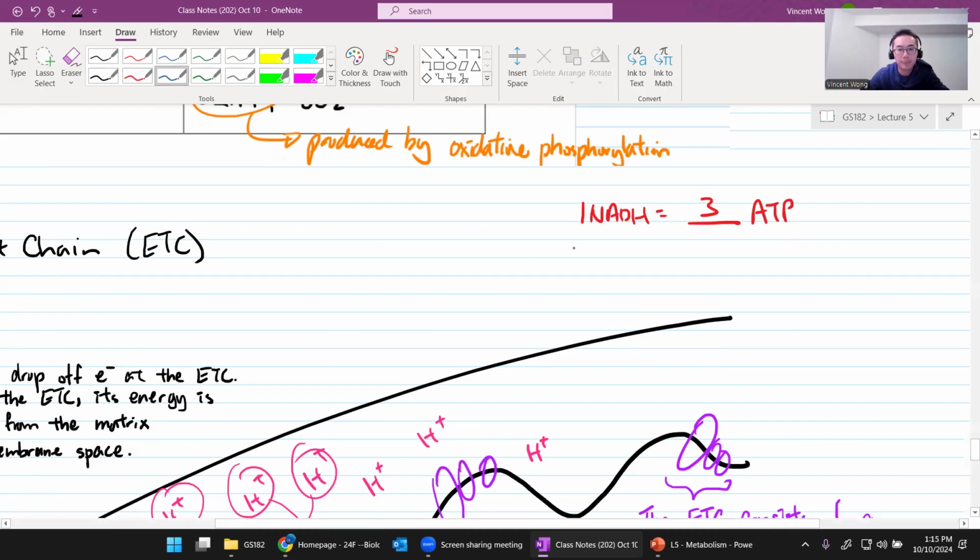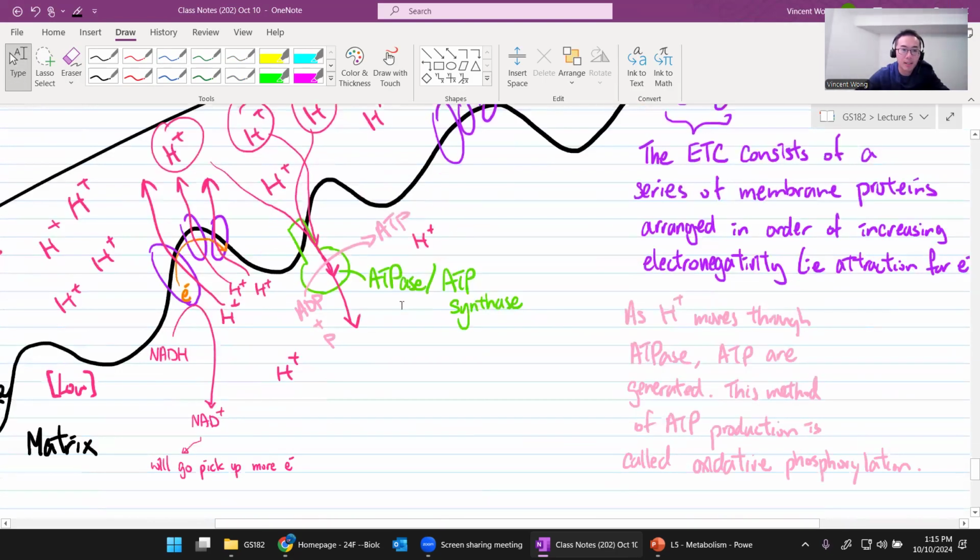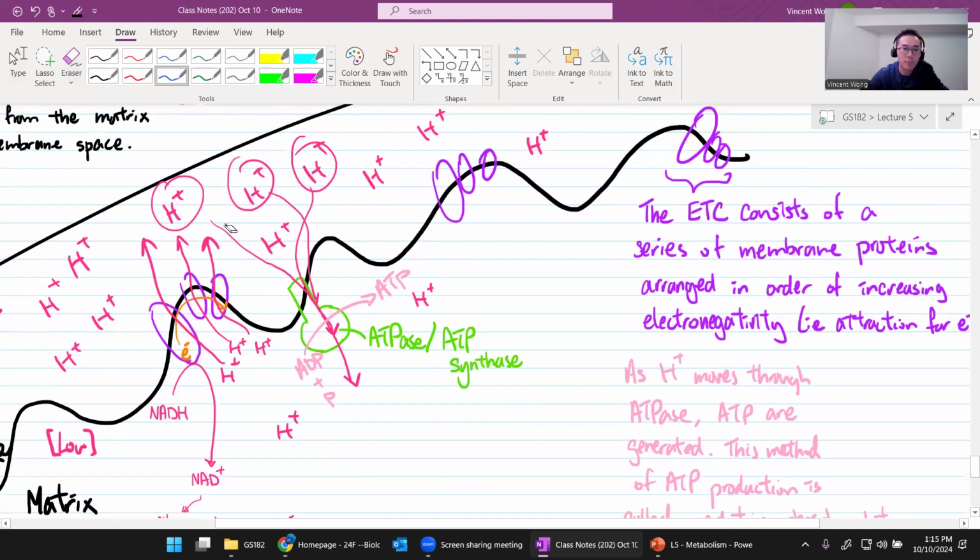And one FADH2 is equivalent to how many ATP? Two. Yeah. Now, this is an oversimplification, but you can think of it like this. The NADH drops off the electron, and then you pump 3 H+ over, and when these H+ come back in, 3 ATP, right?